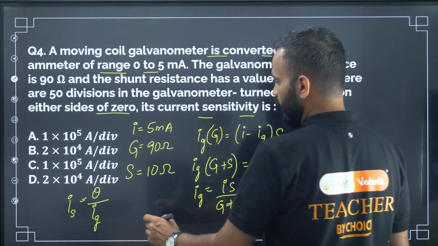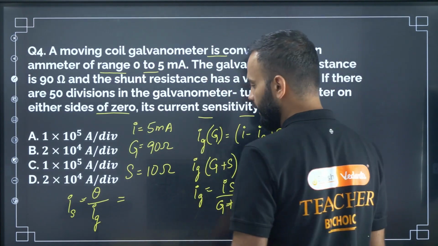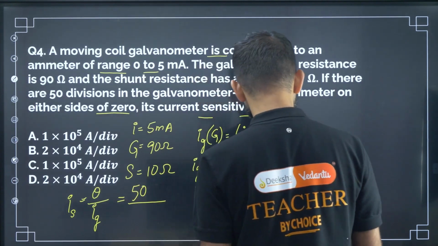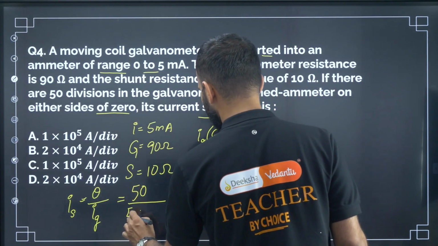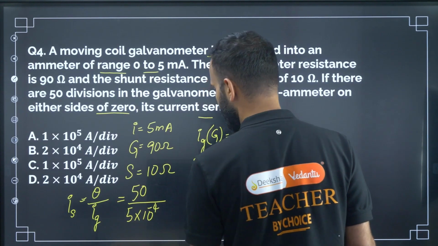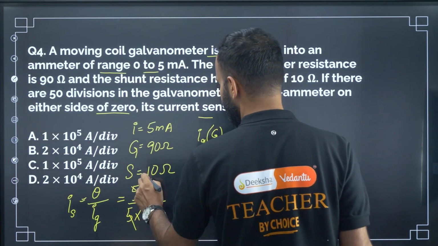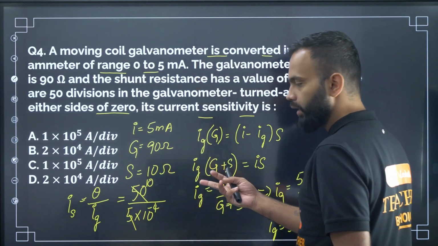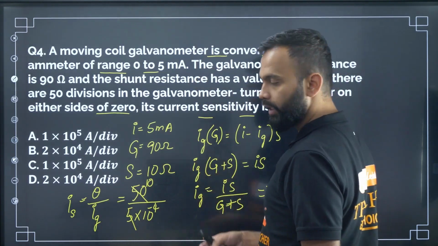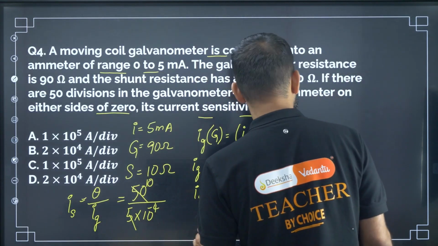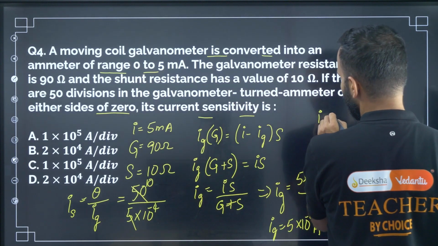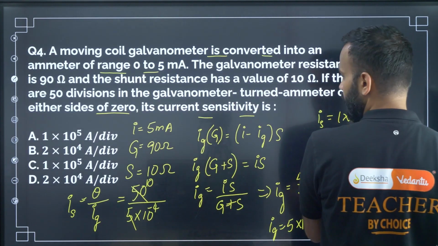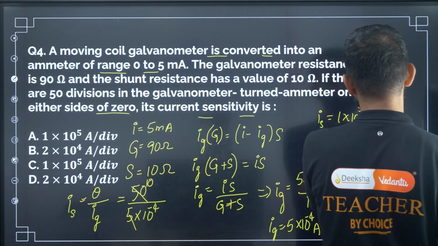Here the number of divisions is 50, so 50 divided by 5 into 10 to the power minus 4. 5 tens are 50. Take 10 to the power minus 4 to the numerator, then it becomes 10 to the power 5. So Is is equal to 1 into 10 to the power 5 ampere per division.